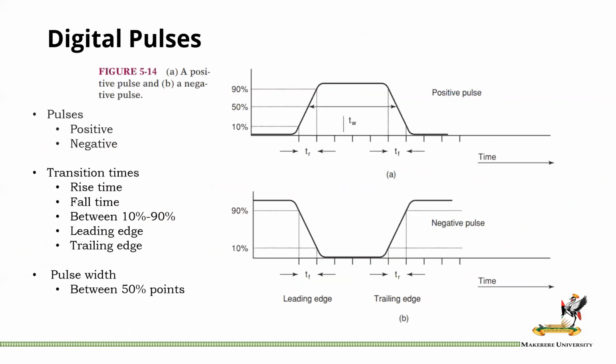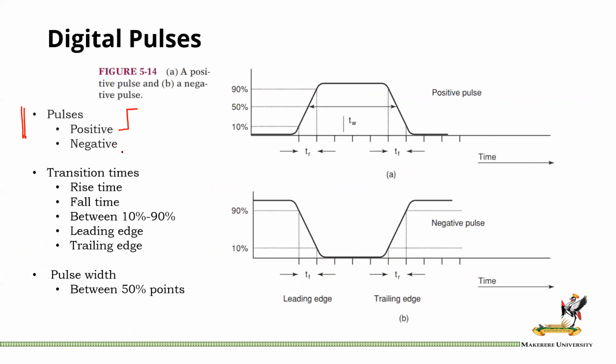Let us look at something that we already know essentially. There are a number of points here, and I've mentioned them on the side that I want to go through. First of all, the idea of pulses. These are digital pulses. When we say that a pulse is positive, we mean that it was 0 and is moving to 1.